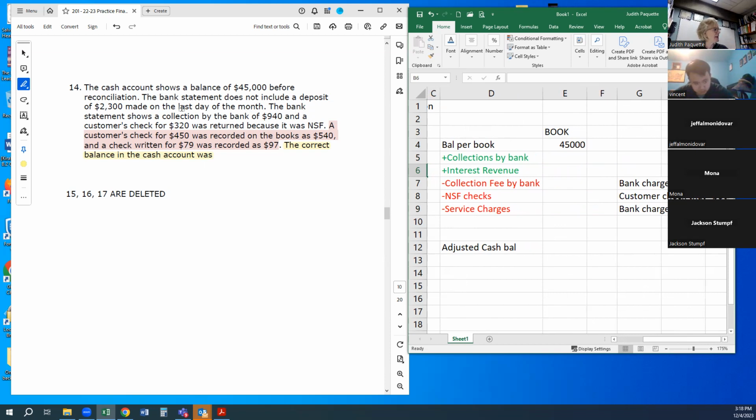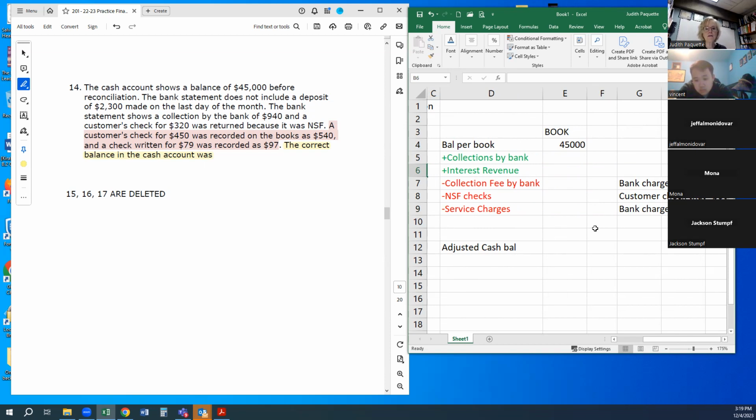Then it says the bank statement shows a collection by the bank of 940. Stop. What do we do with the 940? What category does it go into here? Type it in the chat. Nope. Connor, no. The bank statement shows a collection by the bank of 940.